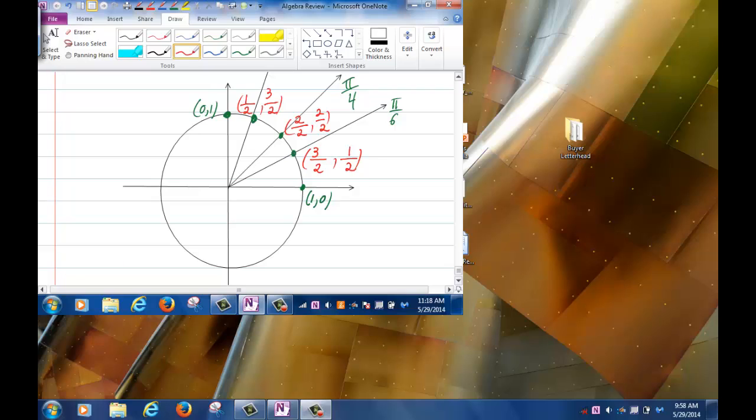If you take the square root now, you realize that the square root of 1 is 1, right? So this would be root 3, this would be root 2, this would be root 3, okay? The hypotenuse is always one.